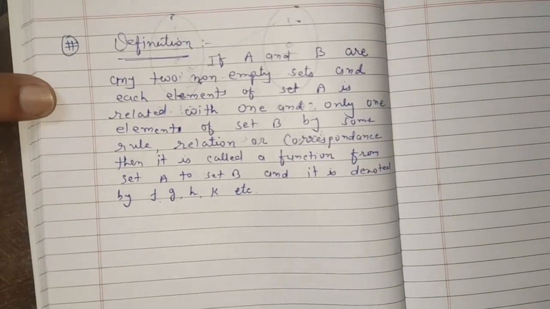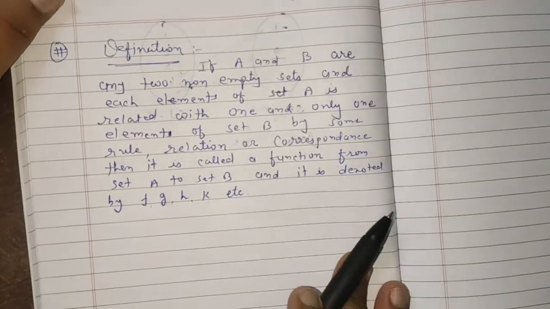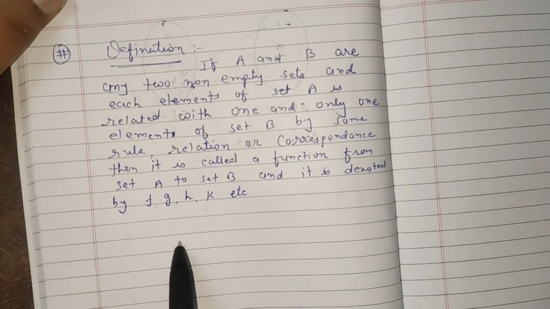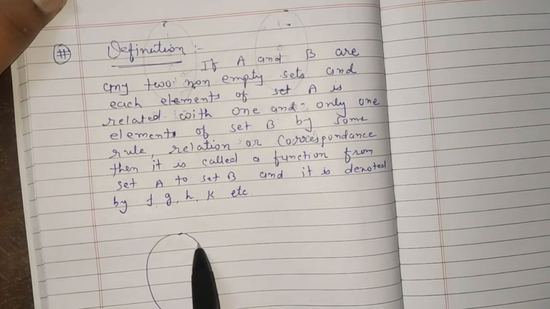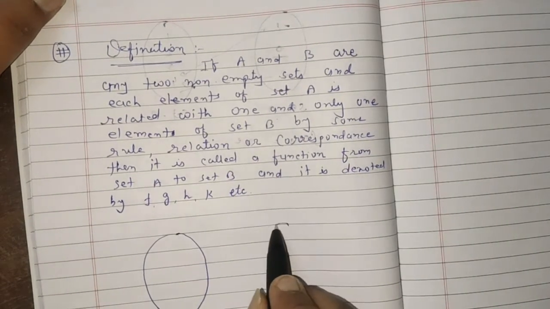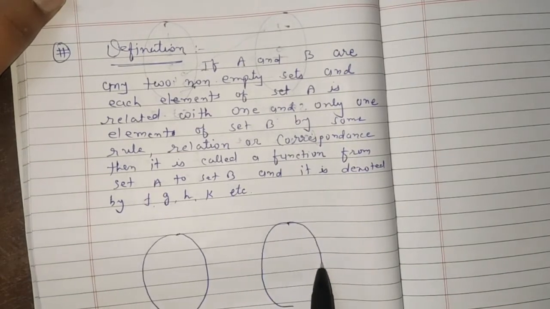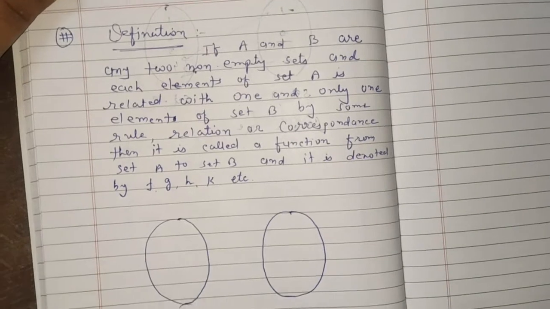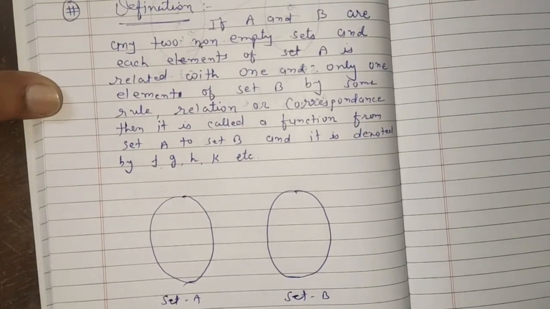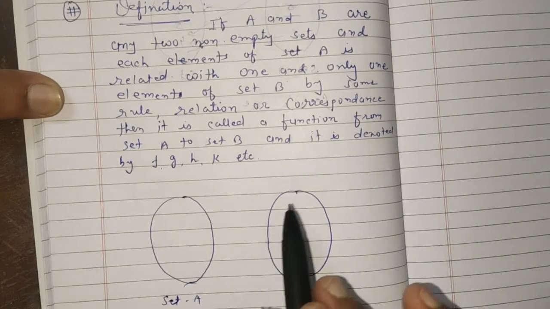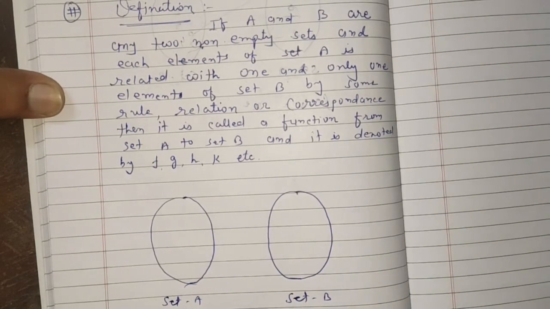Now let's discuss the definition again, and that's very simple. If A and B are any two non-empty sets, for example this set A and this one is set B. It means there are some elements in set A and some elements in set B. Both are non-empty.